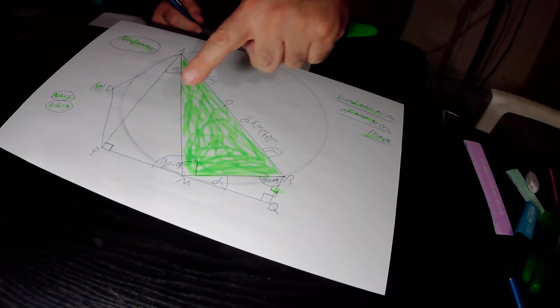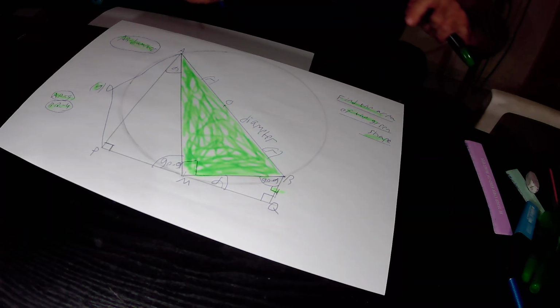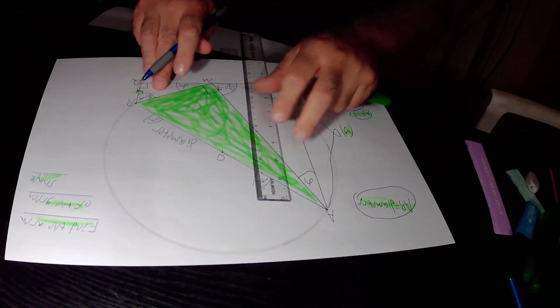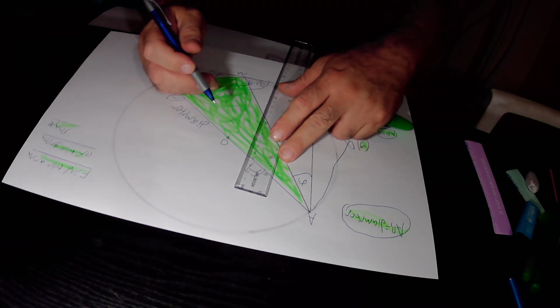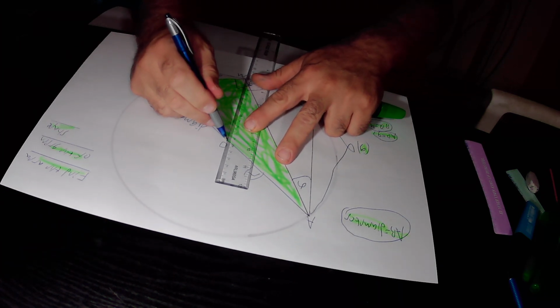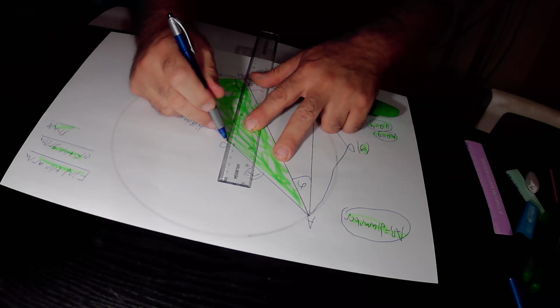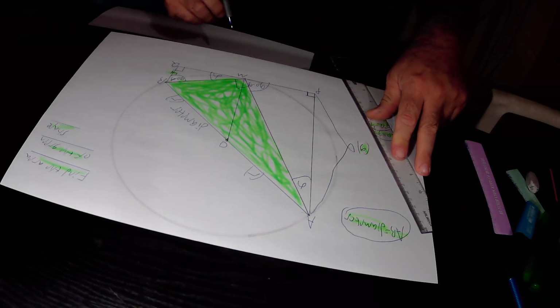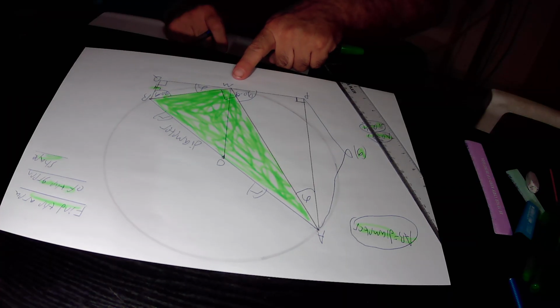Point M is the point of tangency obtained at PQ with this circle. Point O is the center of the circle. Point M is a point on the circle itself.